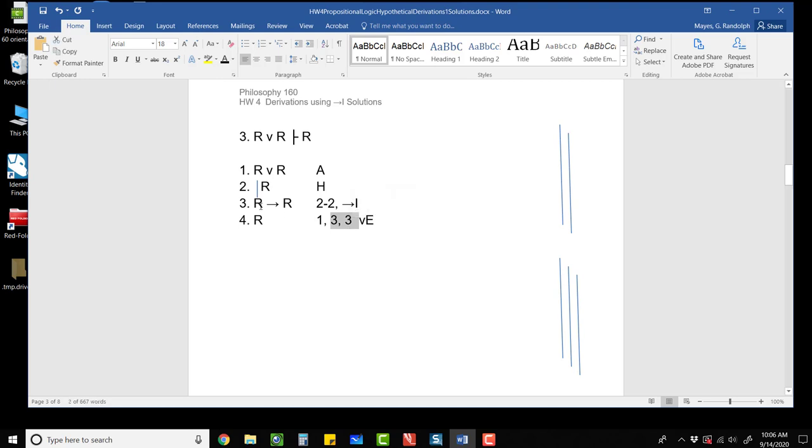That both imply the same thing, and it just turns out the two conditionals we need are exactly the same conditional, so we simply cite 3 2 times. Now, like I said, if you had derived what we have here on 2, 3 twice, then you wouldn't be citing line 3 twice, you'd be citing line 3, and then you would be citing if R then R on a subsequent line. But either way is perfectly fine.